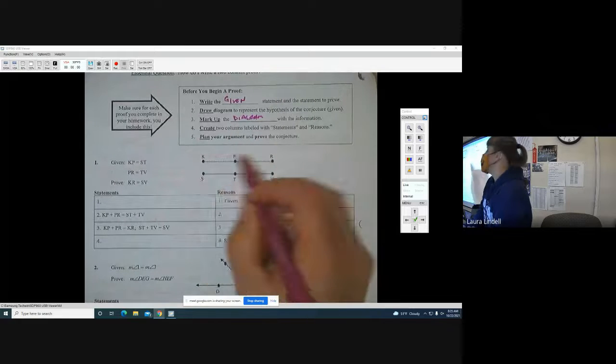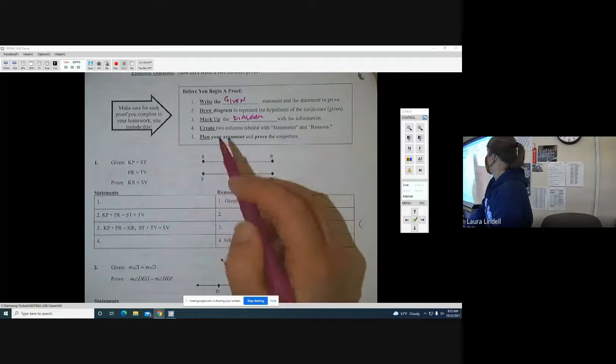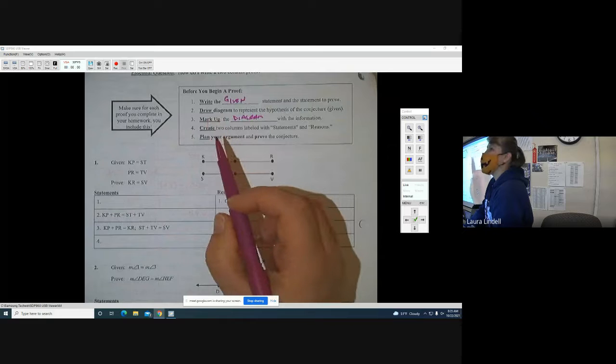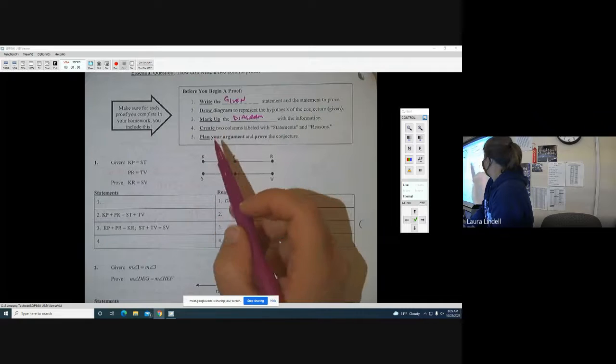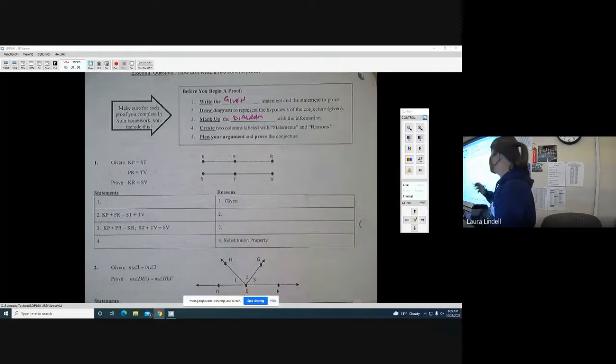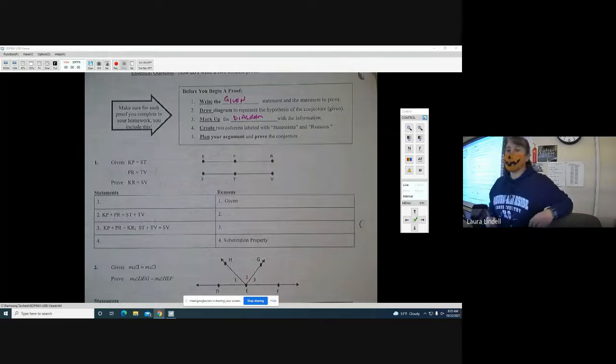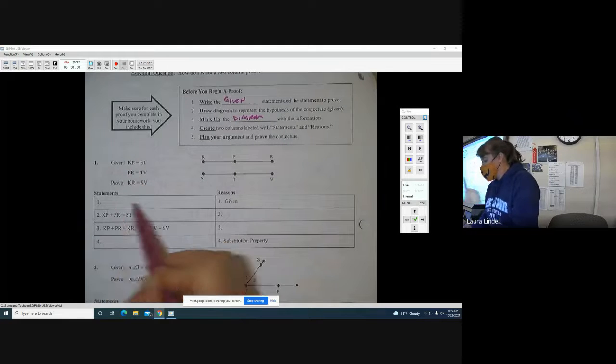Usually you're given a diagram of some sort to work with. If you're not, you should draw one, but you'll be given one in general in this class. Mark up the diagram, do the statements and reasons, plan your argument, and then you're pretty much done once you've filled in the rest. So, as always, with this one, first we write our given.